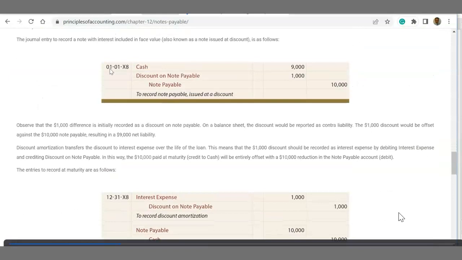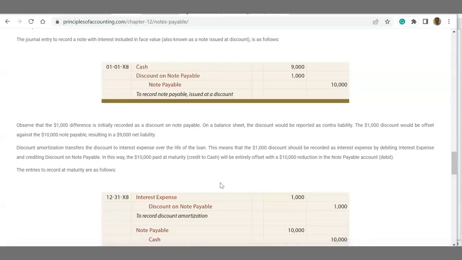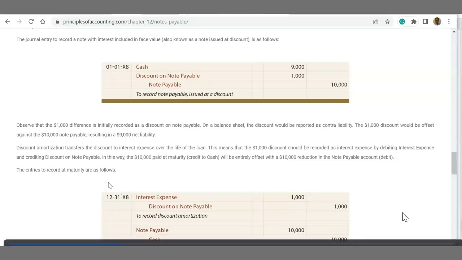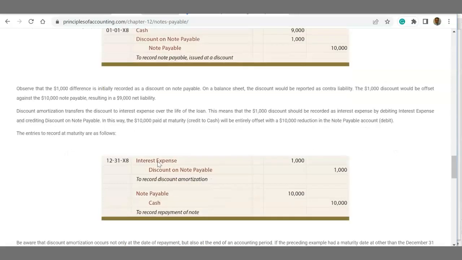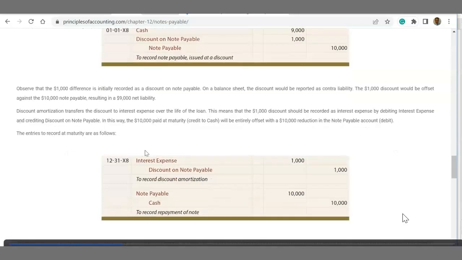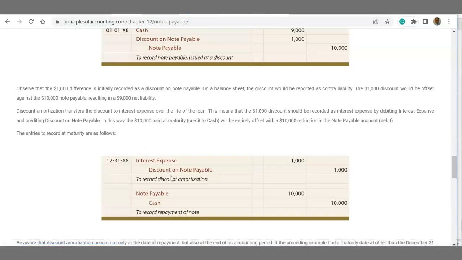Let's say this was on January 1st, and at the end of the year, December 31st, you have to pay the note after 1 year.